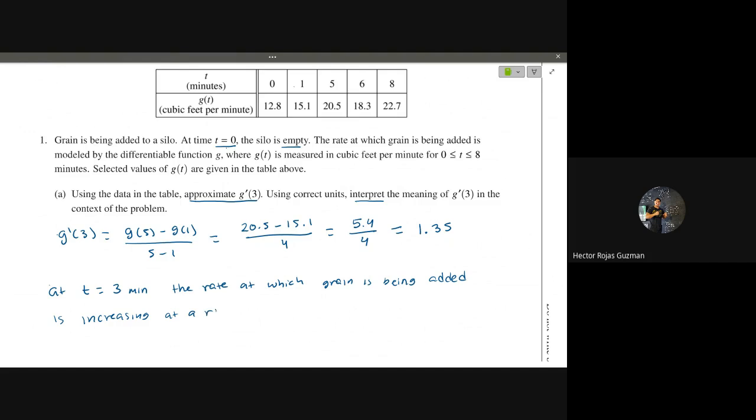At a rate of 1.35 cubic feet per minute, or you can say per minute squared. That's because it was a derivative. G of t was already a derivative. Even though it didn't have the prime symbol, don't confuse it, right? The units tell you that it's a derivative.